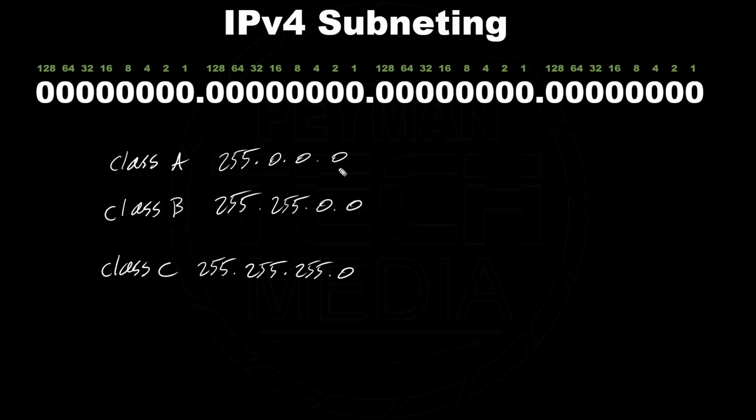In the previous videos, we talked about how we can convert binary to decimal or decimal to binary. Please make sure to watch those videos. Here, this 255 means we have 8 ones.